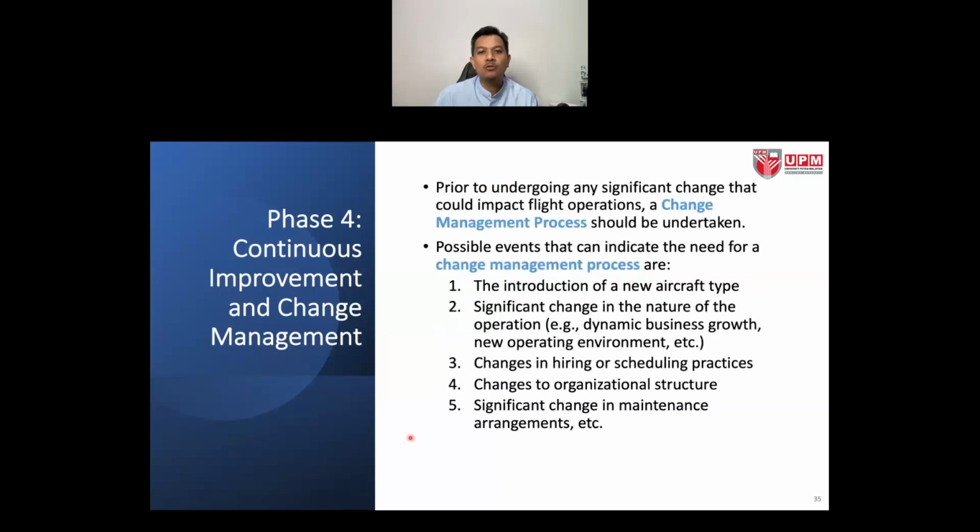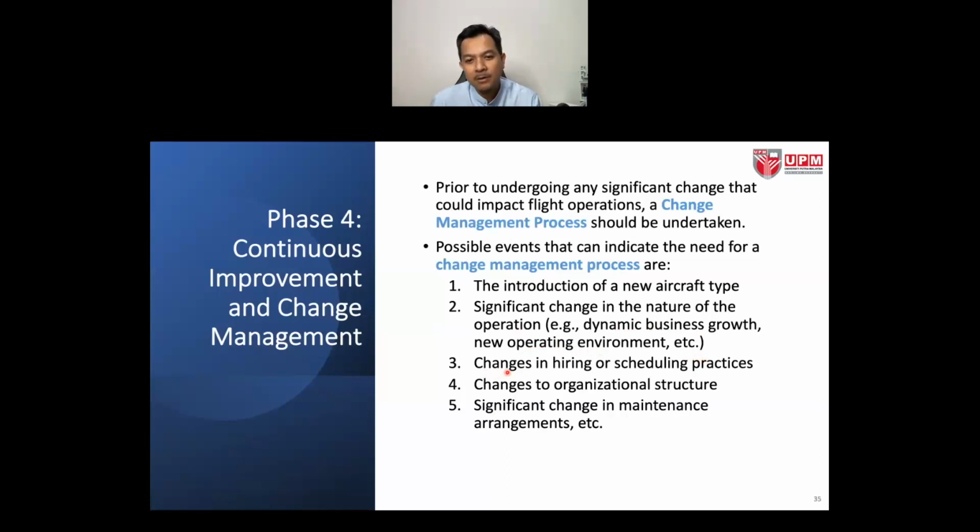Right? And prior to undergoing any significant change that could impact flight operations, a change management process should be undertaken. Possible events that can indicate the need for a change management process are, for example, the introduction of a new aircraft type, significant change in the nature of the operation, dynamic business growth, new operating environment.